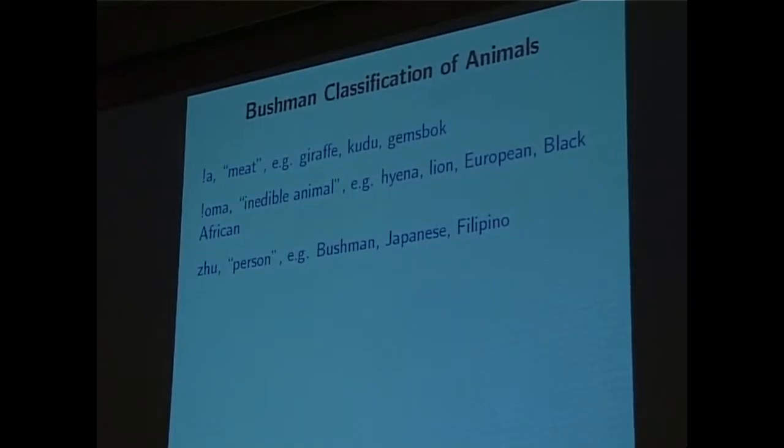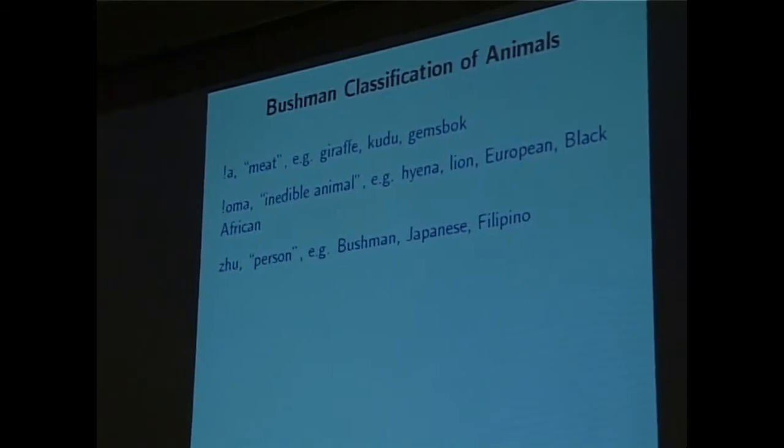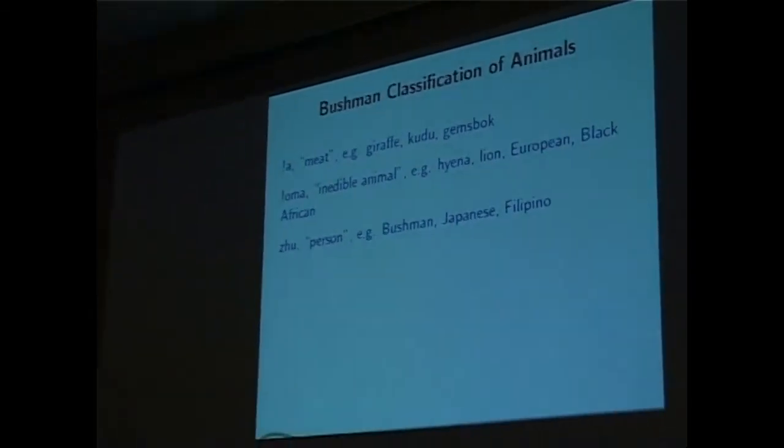These are all called coma. And Jew means a person. They call other Bushmen Jew. And Japanese anthropologists and Filipinos are immediately called Jew. The point being that it isn't just me who thinks they look Asian, they think they look Asian too.